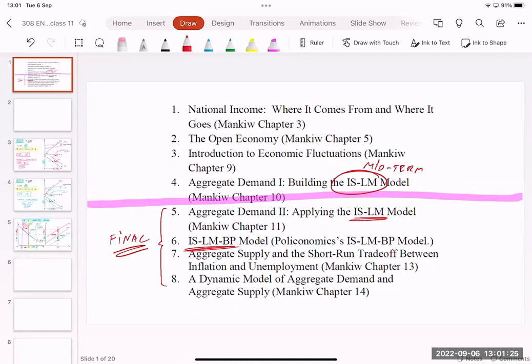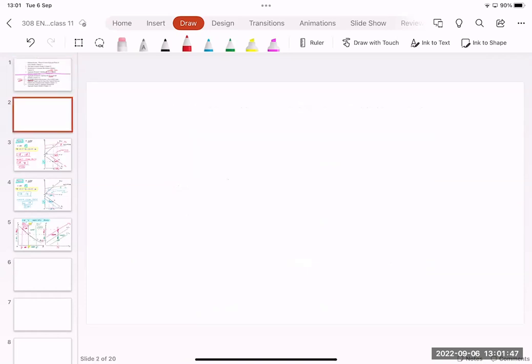Otherwise you may have a problem in chapters 5 and 6 and lose a lot of points. Again, chapters 5 and 6 require a lot of knowledge from chapter 4 about the IS and LM model. So the final exam covers chapters 5, 6, 7, and 8.